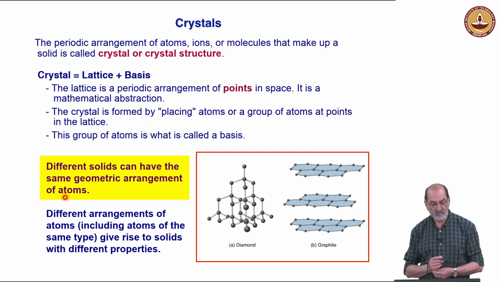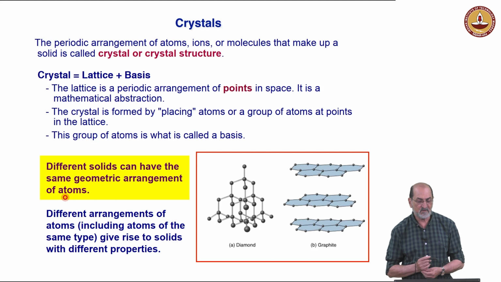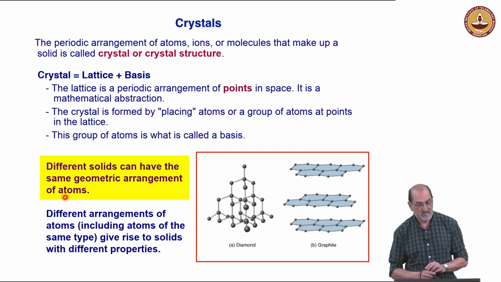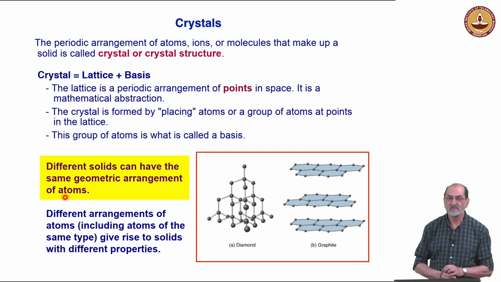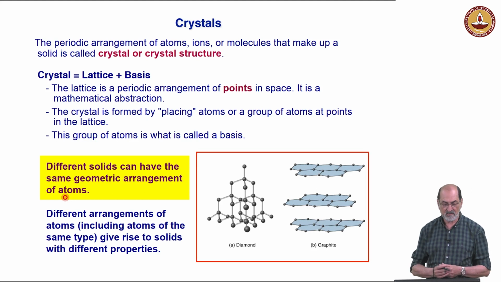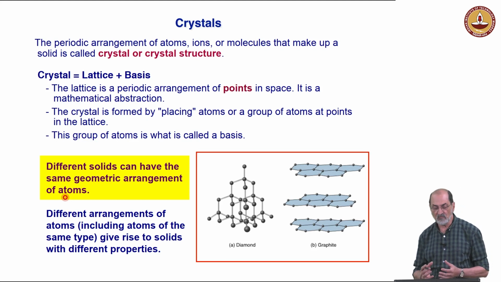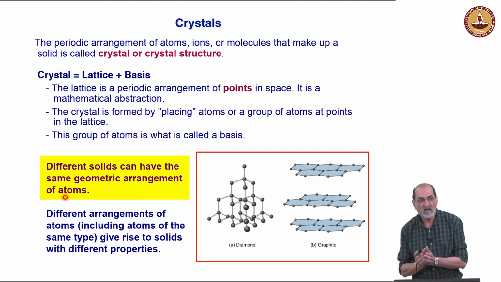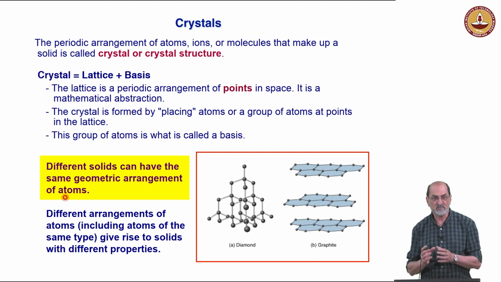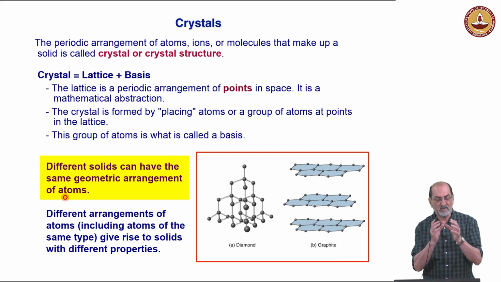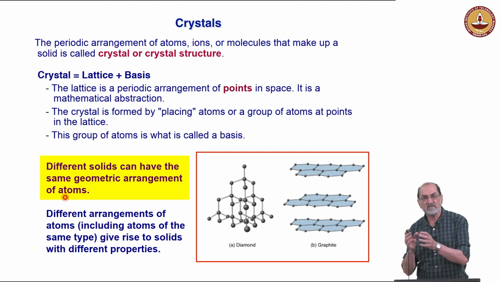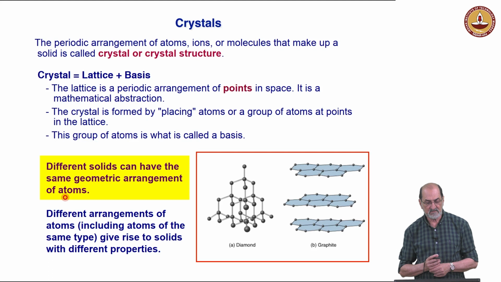To make a crystal, we have first to describe the lattice. And the lattice is a periodic arrangement of points. So it's not something real. It's an abstraction. There are points distributed in the space. So it's a mathematical abstraction. And the crystal is formed when we place atoms or a group of atoms in any place where a point is in that lattice.